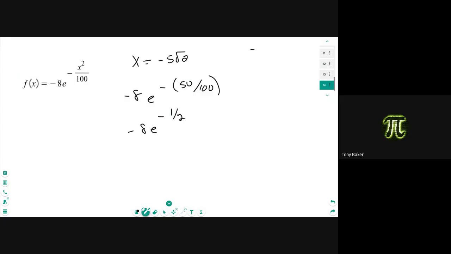And if I plugged in 5 square root of 2, everything's exactly the same because of the square. So it also equals negative 8e to the negative 1/2.